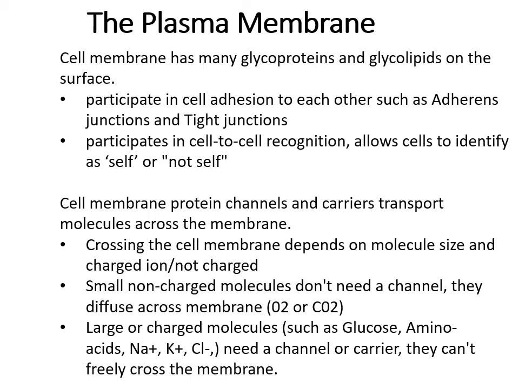It can just diffuse right across the cell membrane. So oxygen and CO2, not charged, easily diffuse back and forth. Larger molecules or charged molecules, such as sugar, glucose, amino acids, or charged electrolytes, such as sodium, potassium, and chloride, need channels or carriers. The cell membrane doesn't just want these to go in on their own will. They want to control the influx of electrolytes and amino acids and glucose.